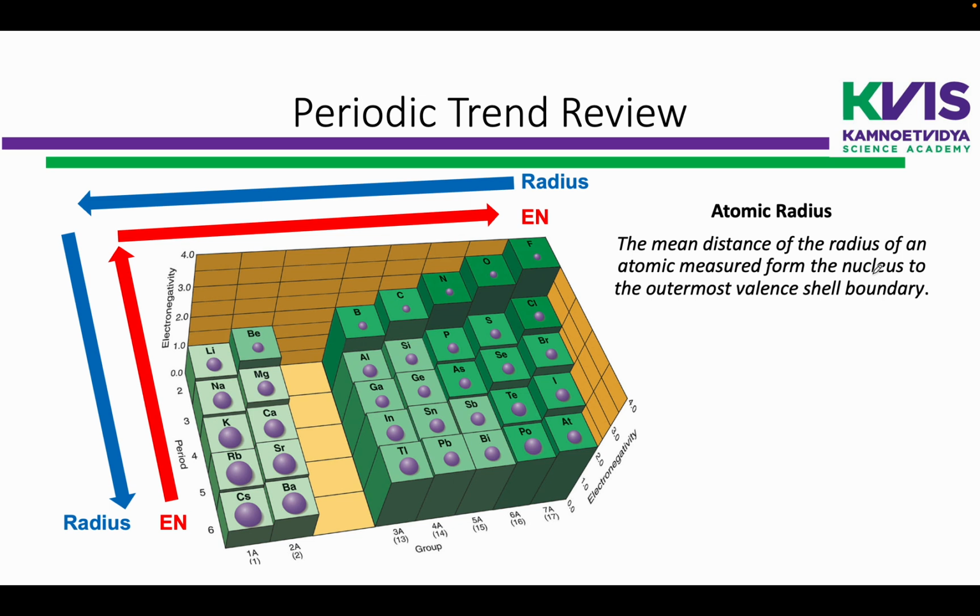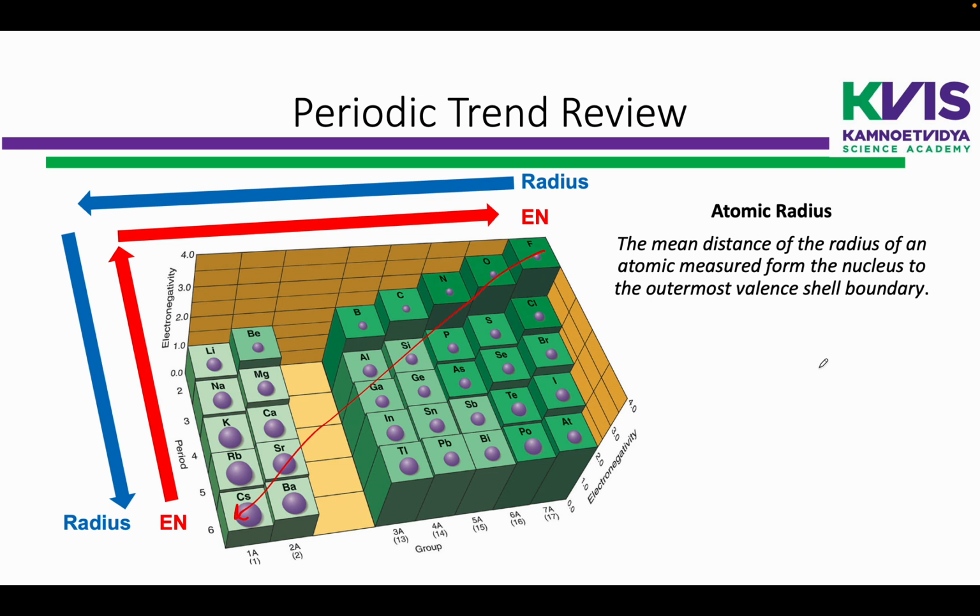Right. So this is the atomic radius. Okay. It goes up, down the diagonal of the periodic table. And that's just a measure of the nucleus to the outermost valence shell boundary, right?